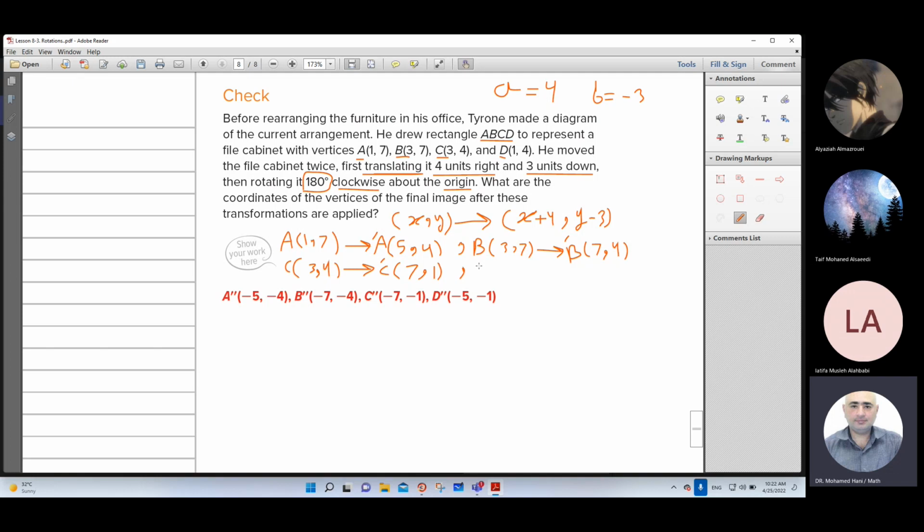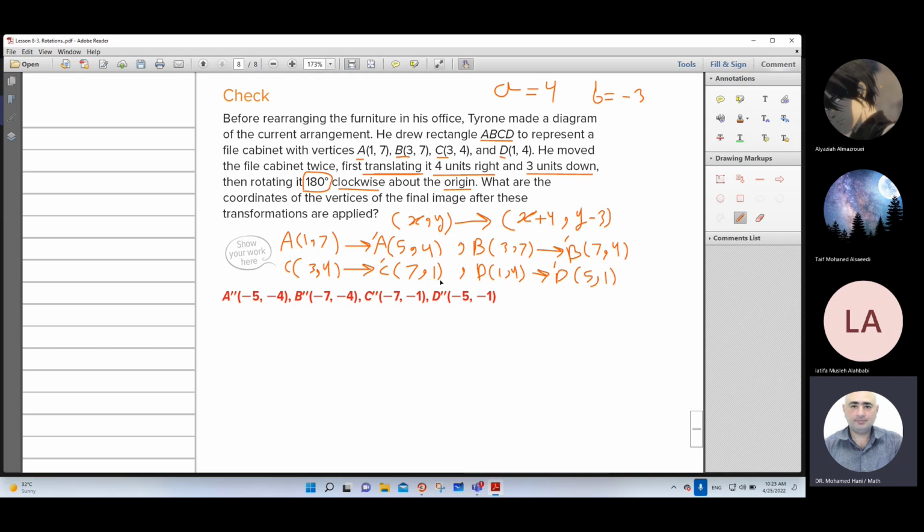And the last point, D (1, 4), the translation will be D prime: X 1, 1 plus 4 will be 5. And this is Y 4, 4 minus 3 will be 1.